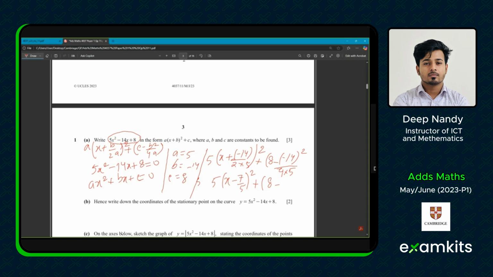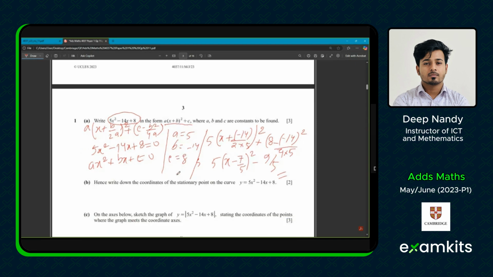So it's minus 9 by 5. Let me write here. The total value is minus 9 by 5 if we subtract. This is our equation in the completing square form.